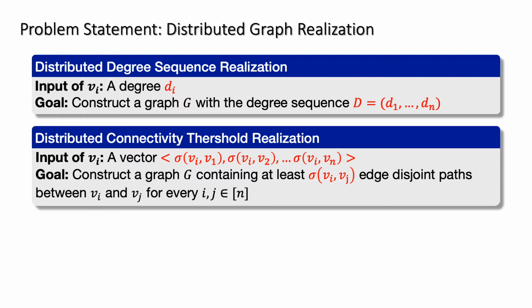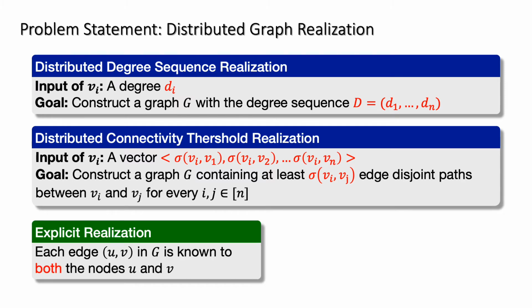In this problem, each node Vi gets a vector of integers, sigma(Vi,V1), sigma(Vi,V2) to sigma(Vi,Vn), signifying the connectivity requirement Vi has to each other node Vj. The goal is to construct a graph containing at least sigma(Vi,Vj) edge disjoint paths between each pair of nodes Vi and Vj.